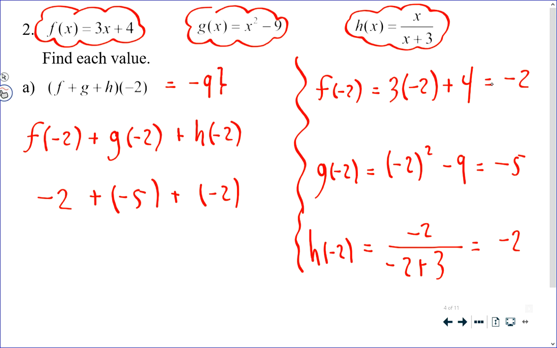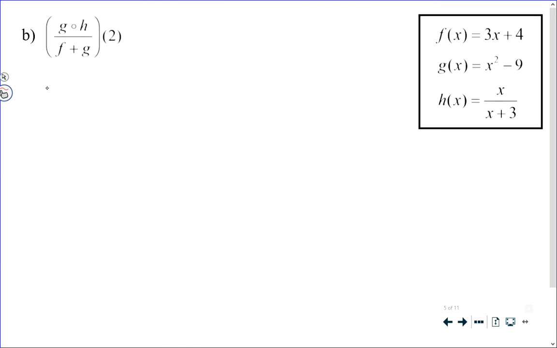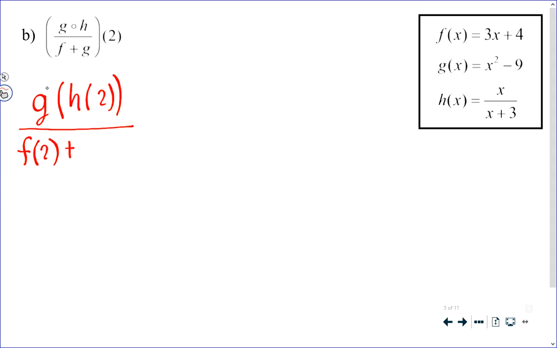That is our answer. All right, what about g of h over f plus g of 2? What this means is g of h of 2 over f of 2 plus g of 2. And we can figure out the top and the bottom separately.